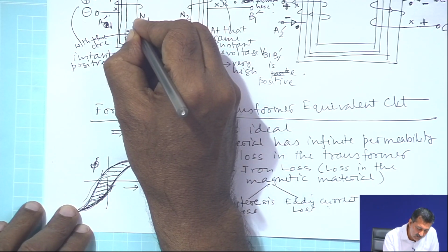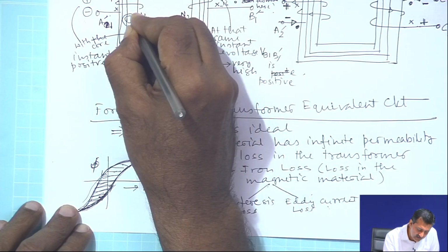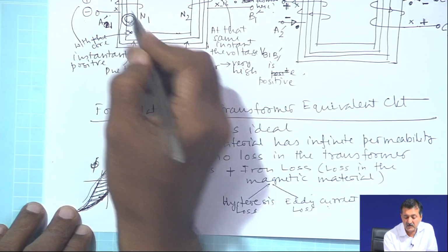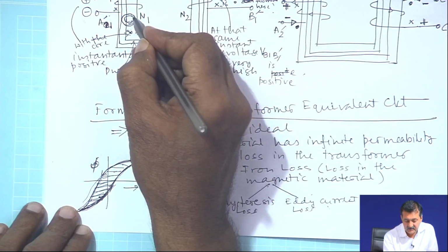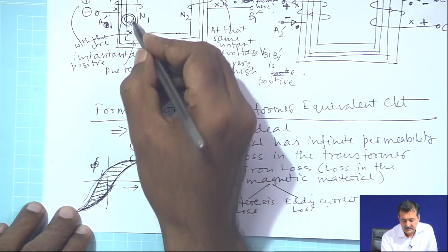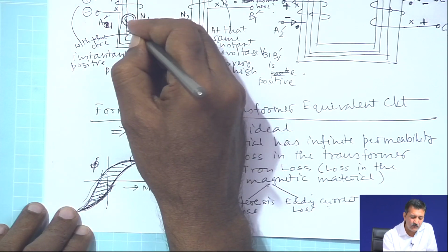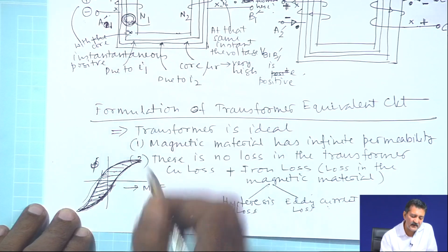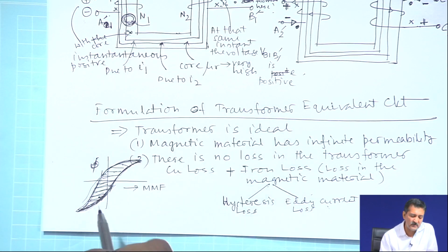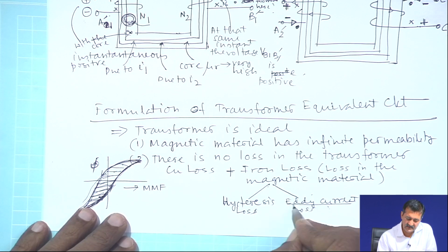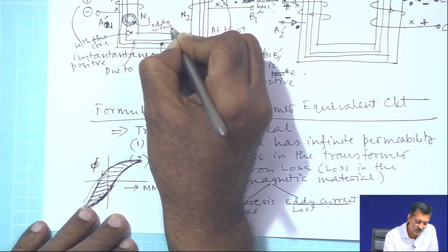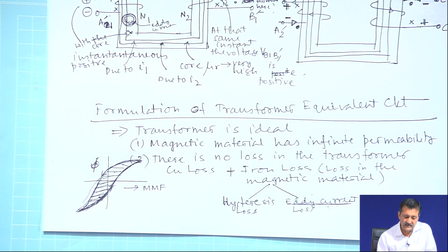A loop is created not in the copper coil, but within the magnetic material, within the iron, and there is a current flow. That also produces a loss, because it will have some resistance, and that loss is called eddy current loss. This current is called eddy current, and the loss due to that current is called eddy current loss.